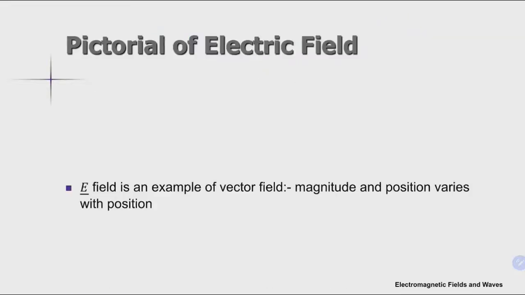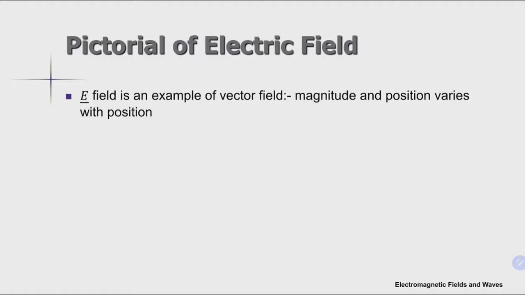Pictorial of electric field. We want to be able to draw electric field. So electric field is a vector. We know that electric field is a vector field, magnitudes and positions. But electric field magnitude and position changes as we move through space.